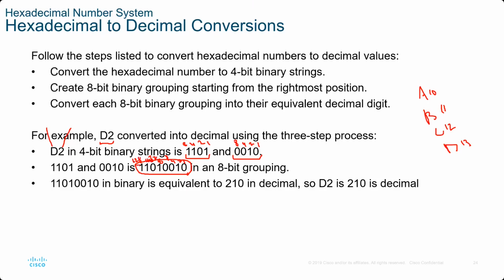Well, it has 128 plus, again, it has 32. Then 16 is 0, so we don't count it. And then we have 8, so plus 8. Then 2 is 1, so 2. So if you add this all together, you get 210. So D2 is equal to 210.